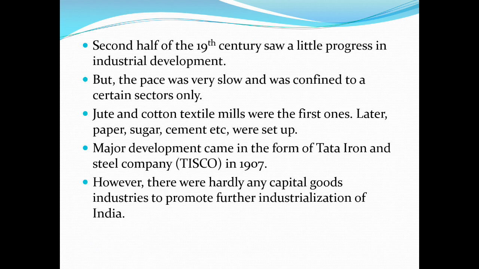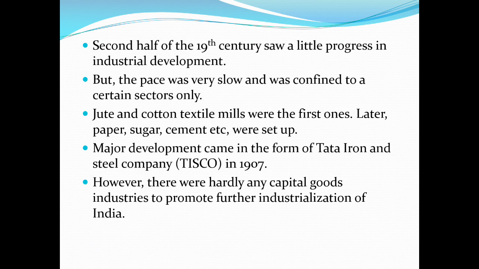The second half of the 19th century saw a little progress in industrial development. So slightly, India started to see a slight change, a little progress in the industrial sector. What were the progress and which part of the industry had progress? The pace was very slow and was confined to certain sectors only.